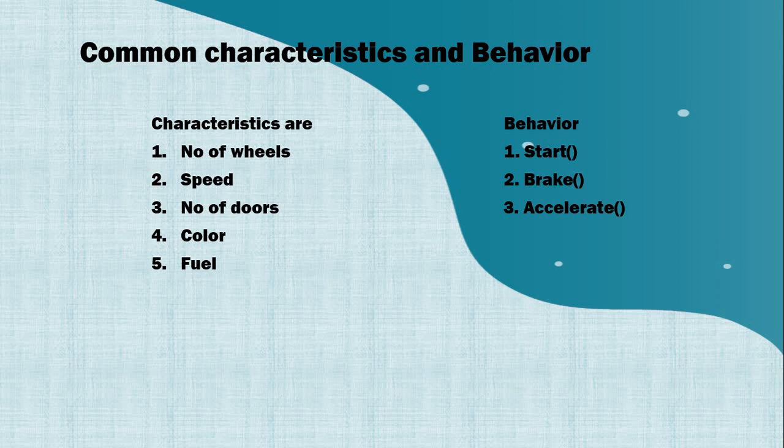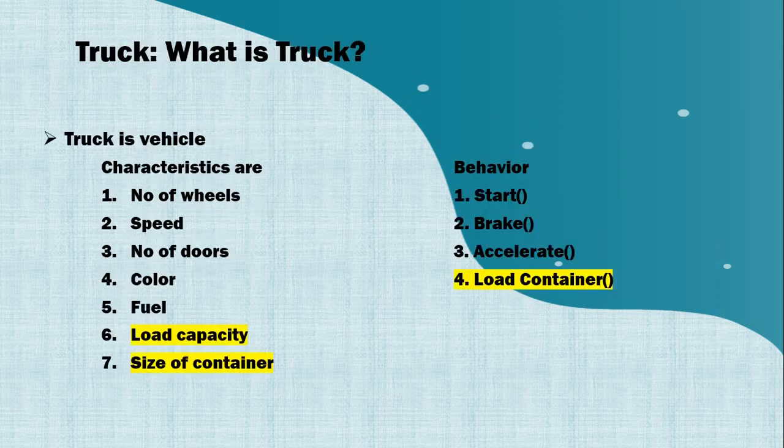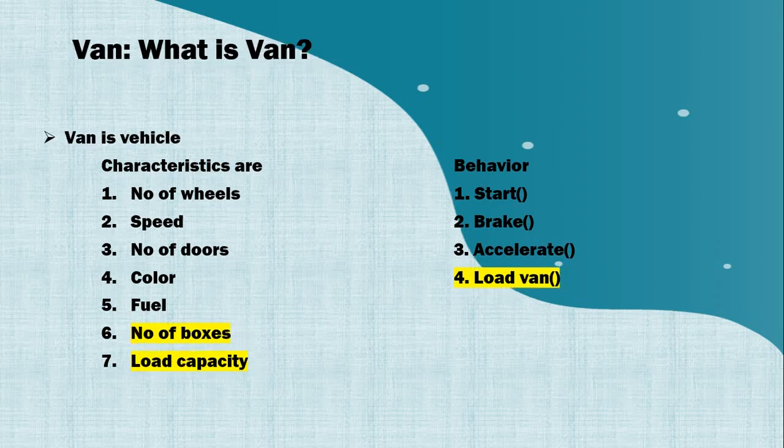Just as an example, the truck, which is considered a vehicle, has all the characteristics from the base class. Along with those, it has its own characteristics, like load capacity and the size of the container, and the behavior load container.